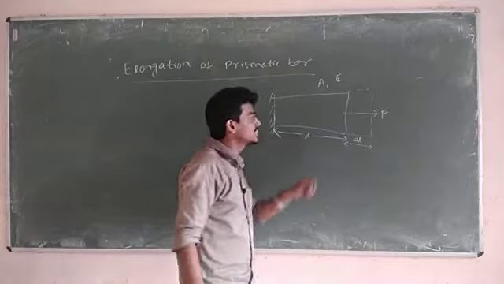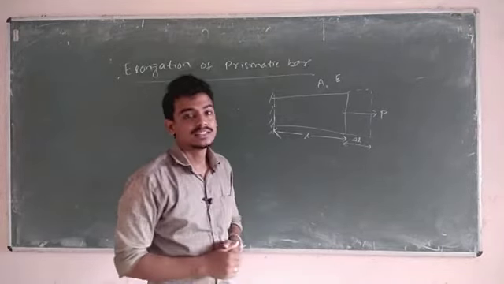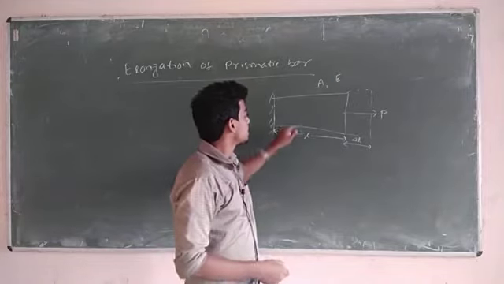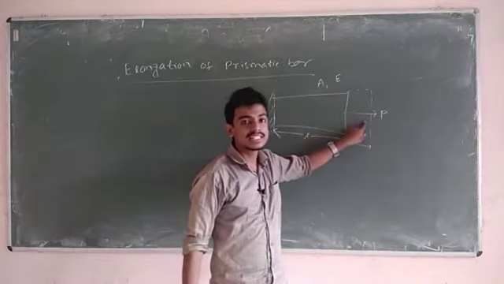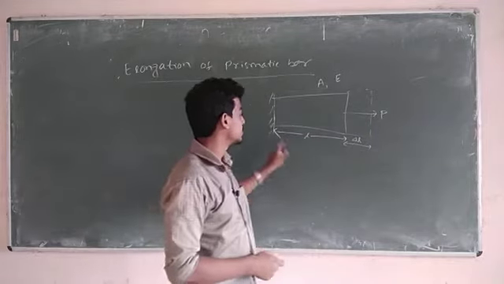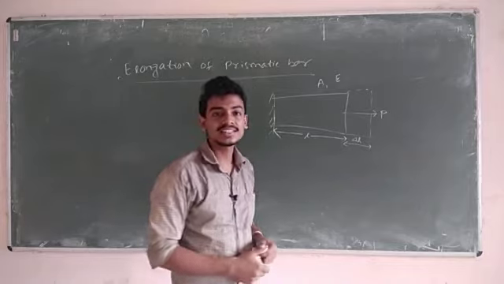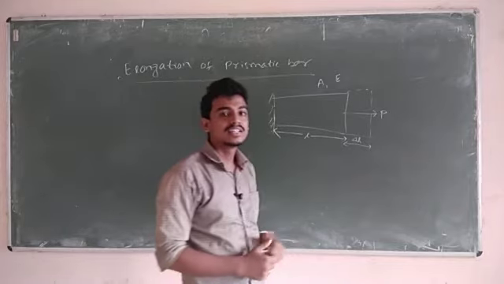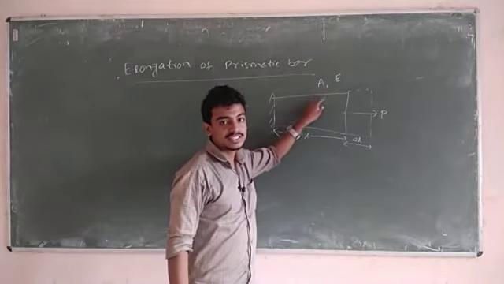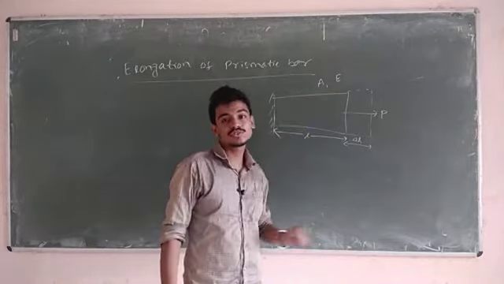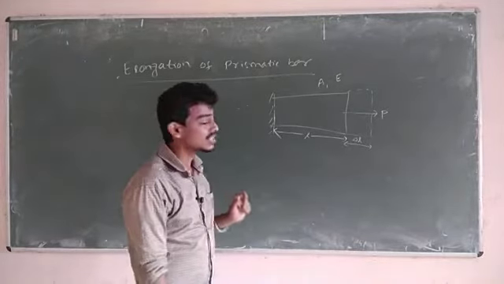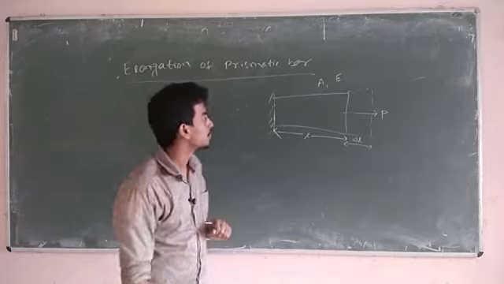Suppose this is a prismatic bar. The area of cross section is constant throughout its length. Here I am giving one load, a tension load P, that is, a tensile load. Suppose the bar length is L, and the area of the section is capital A. E is Young's modulus of elasticity, which you already know.